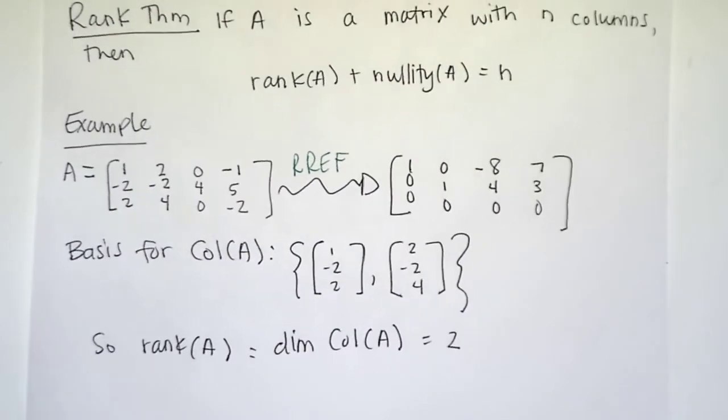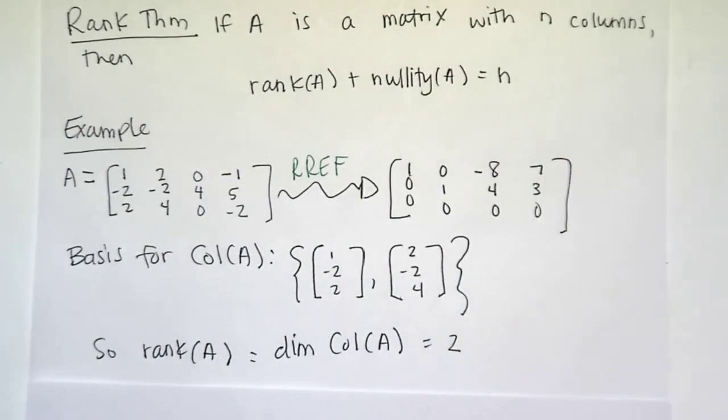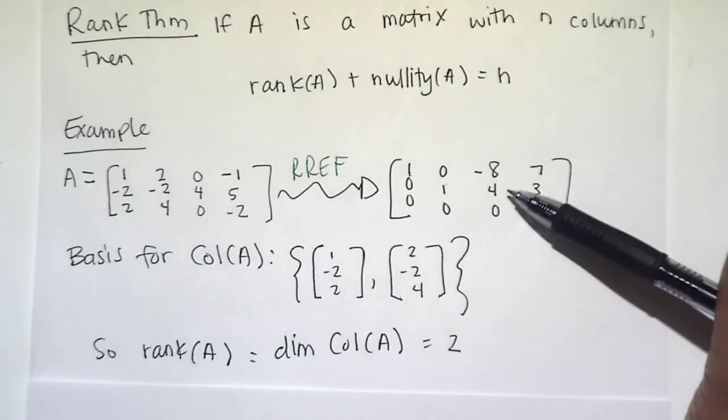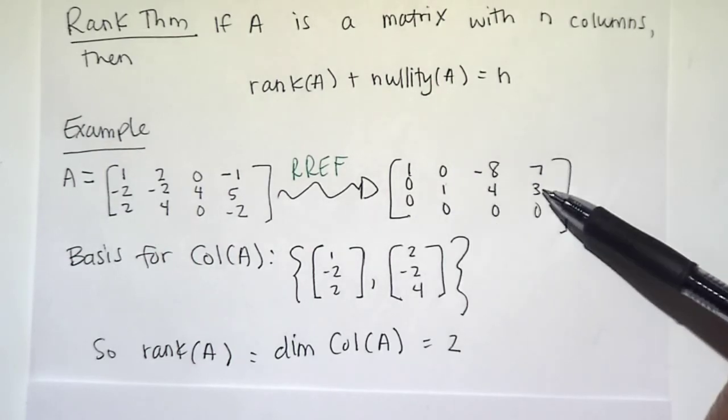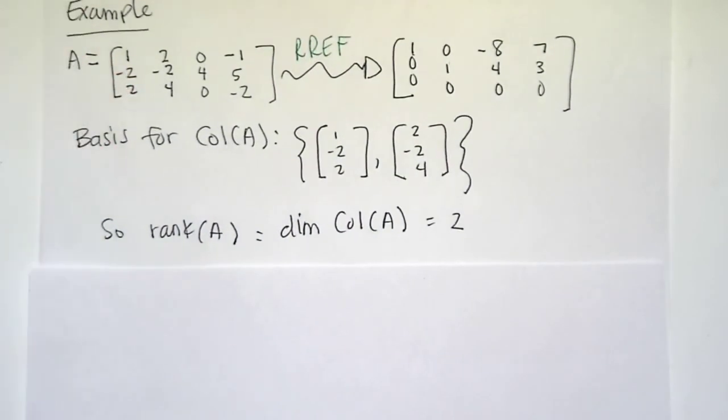All right, how many free variables do we have here? So looking here, well, what's left over? So we can figure out what x1 and x2 are, but it looks like x3 and x4 are going to be free variables. So we have 2 free variables.